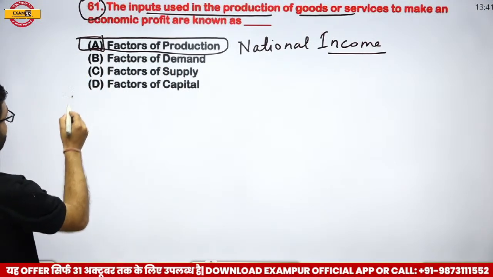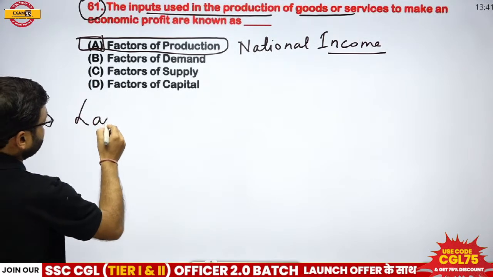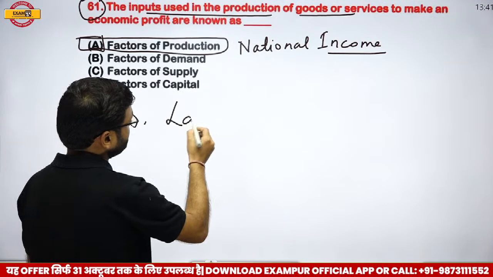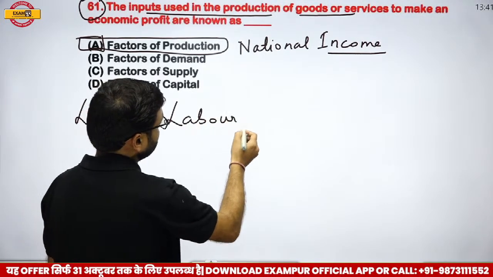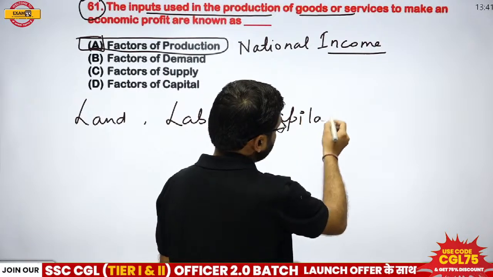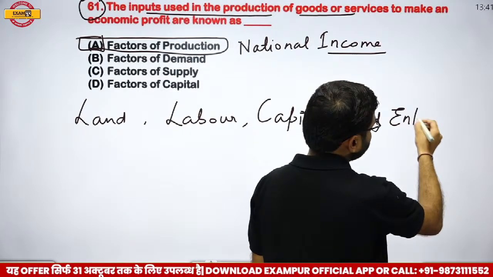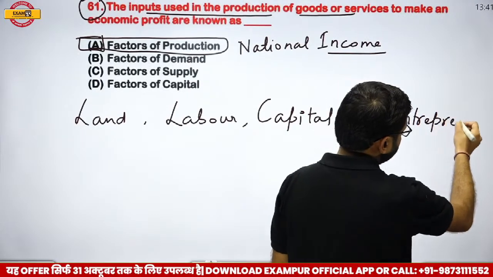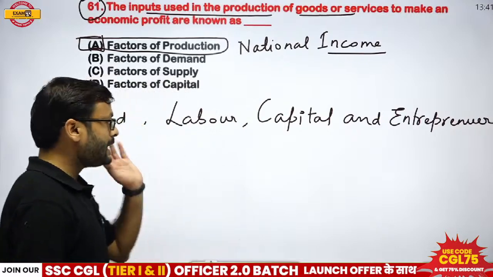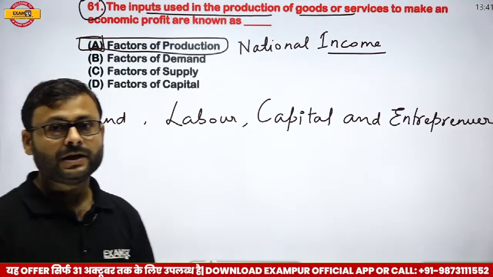First, land. Next, labor. Then capital, and the last but not the least is entrepreneur. These are the 4 factors of production which contribute to the production of goods and services.